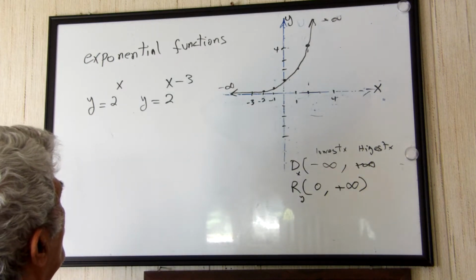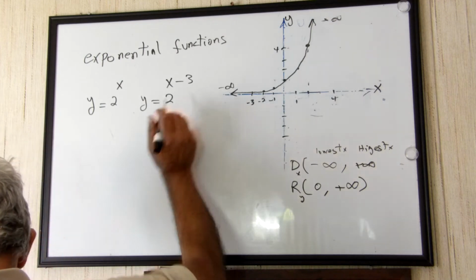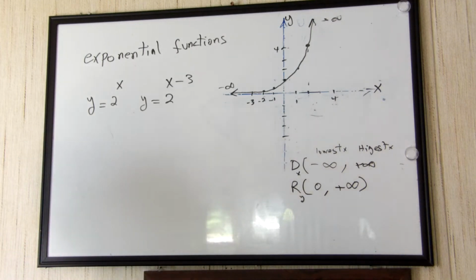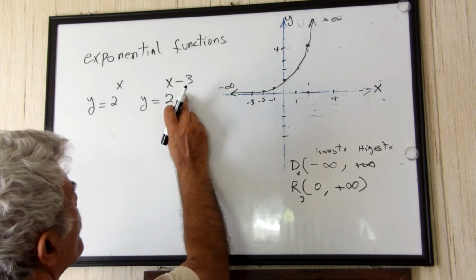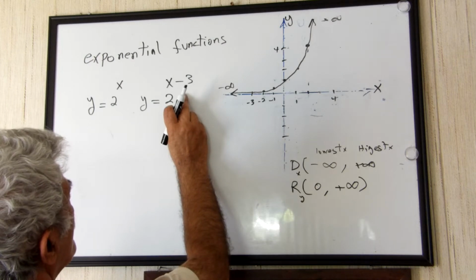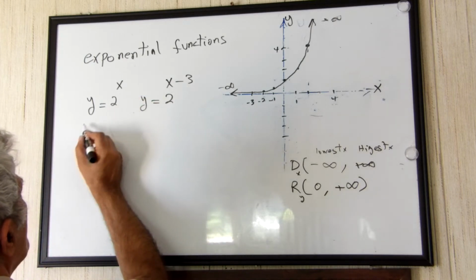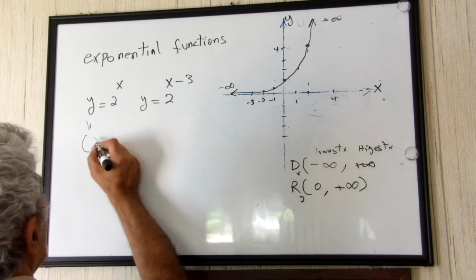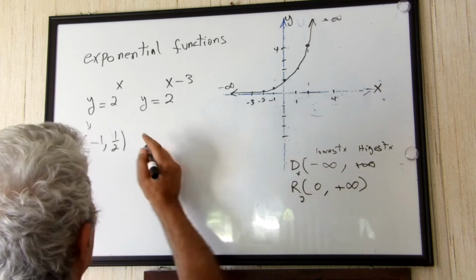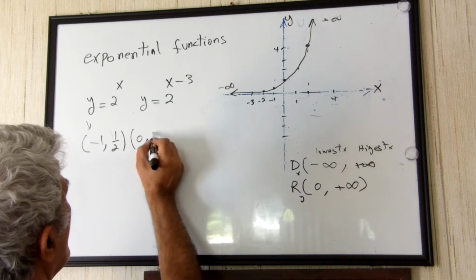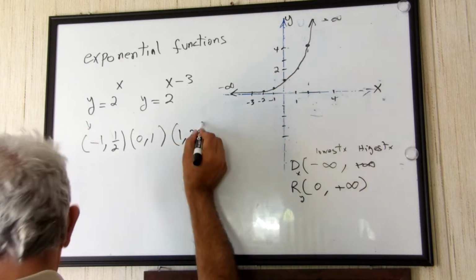In the previous one we found 3 points. We say x is -1, y is 1 over 2; the other point is x 0, y 1; and the other point was 1, 2.